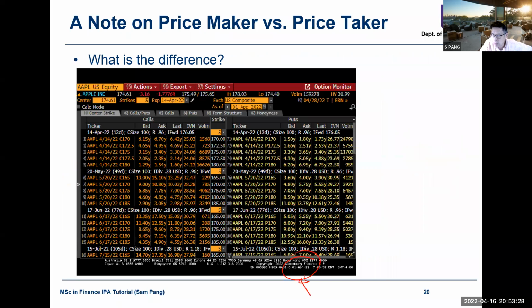Now, what is this? This is what we call the volatility surface, and this is the volatility for Apple, the stock. If you bear with me just for a few seconds, I want to see if I can show you a better version of this.